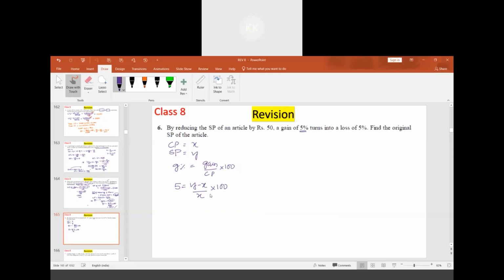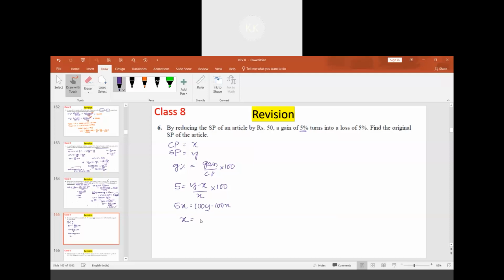If I simplify this, we get 5x is equal to 100y minus 100x. If I want only x here, this will be divided by 5.